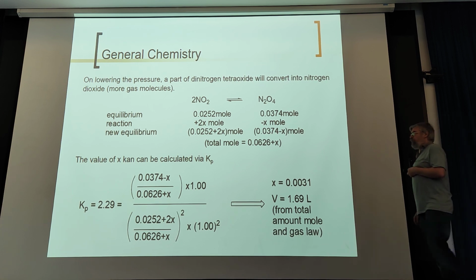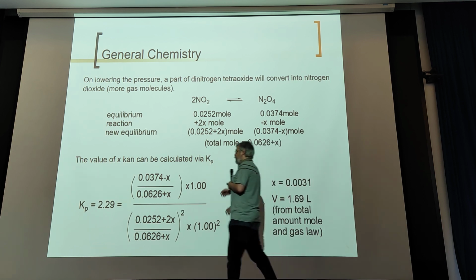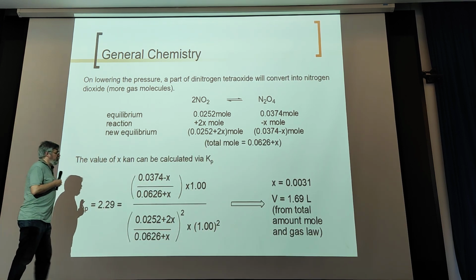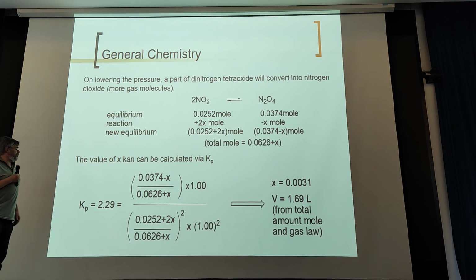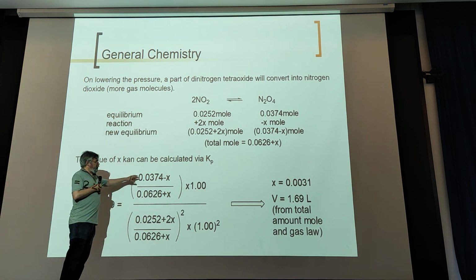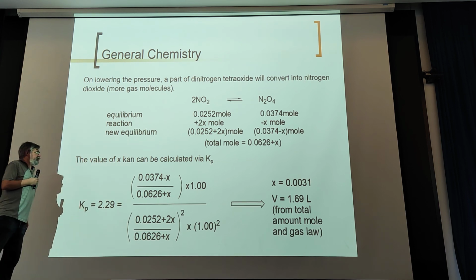So with the Kp, we are putting these concentrations here. We know it's 2.29. These are the concentrations, the pressures that we are having.